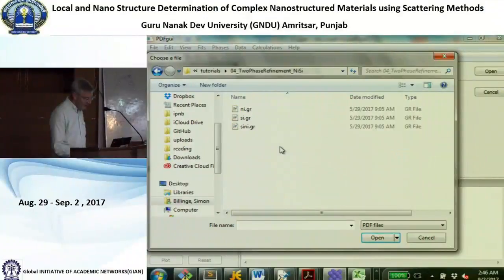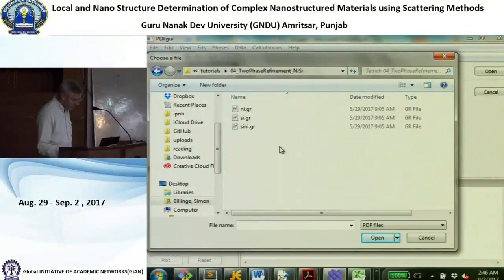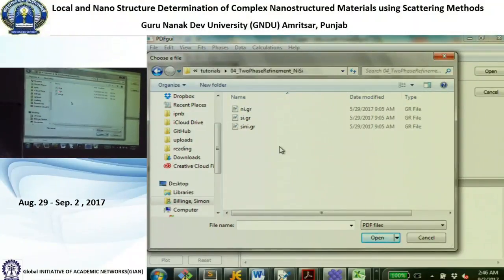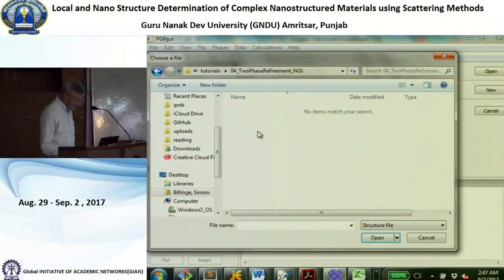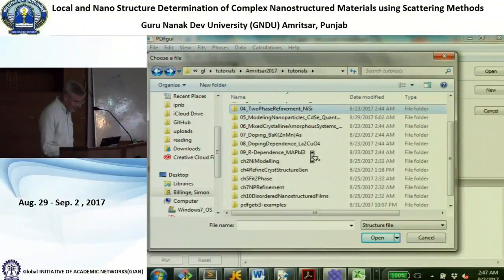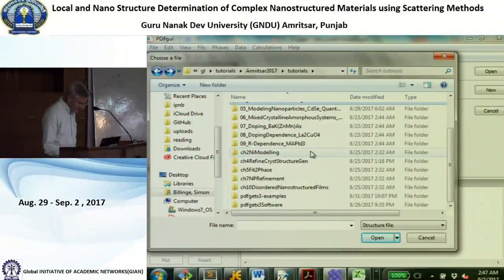If you look inside here, there are actually three data sets. One is pure nickel, one is pure silicon, and there is, okay, it's not there. So they want you to build your thing from scratch.